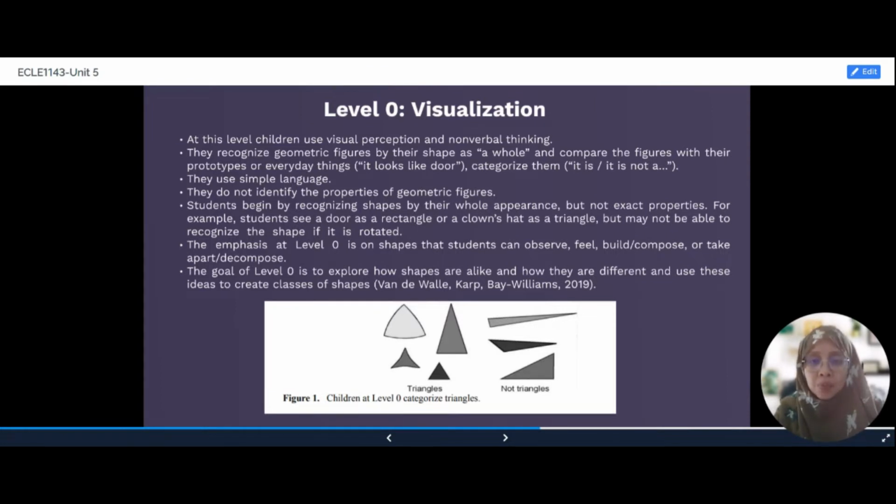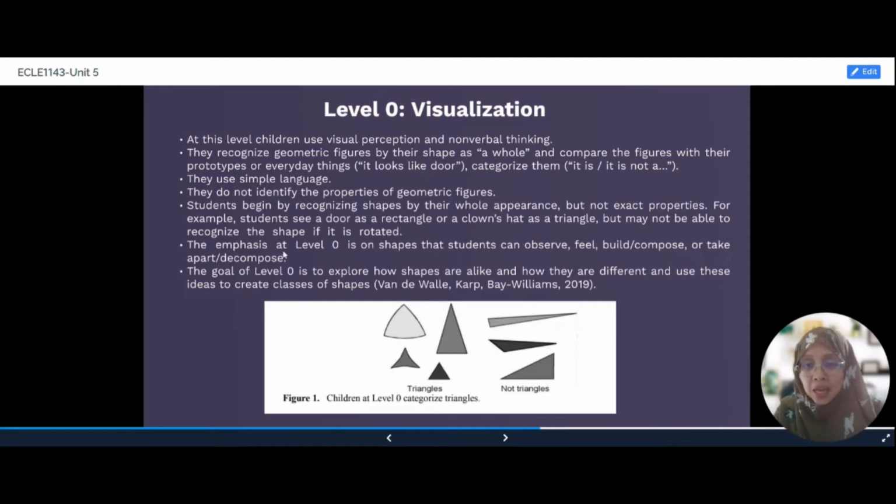For example, that shape looks like a hat. That shape looks like a door. That shape looks like a ball, for example. So they do not refer to the shape as a shape itself, but always relate it to things that they are familiar with.